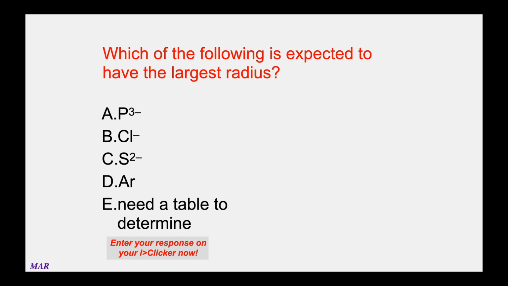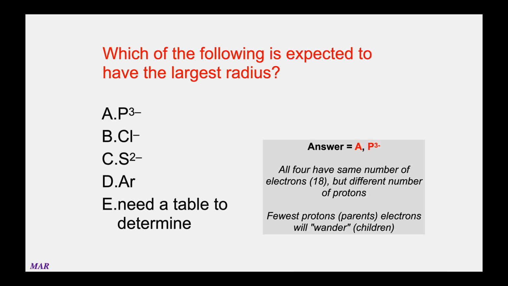And if you look, argon, chlorine, sulfur, and phosphorus are all there on the 3rd period of the periodic table. And the one that's most left and down, phosphide. Phosphorus has the most electrons and the fewest number of protons, so the electrons tend to wander a little bit more. That's why phosphide here would have the largest radius. So again, as long as you're comparing ion sizes and it's the same kinds of ions, left and down for the largest one.